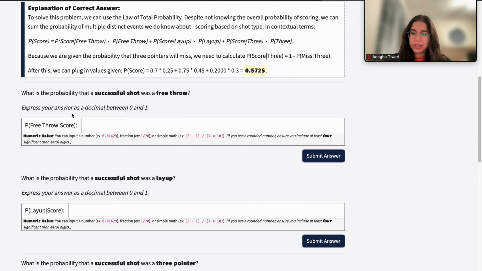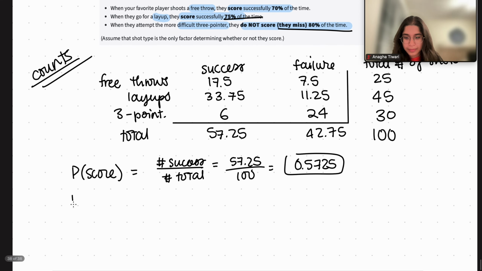And here, since we want the answer as a decimal, it's just 0.5725. And that's correct. So now it says, what is the probability that a successful shot was a free throw? So given a shot was successful, or a score, what is the probability that that shot was a free throw? So we're finding the probability of a free throw given a successful shot, given a score, right? So probability of free throw given score, or success. In our table we wrote success, so I'll keep the similar wording.